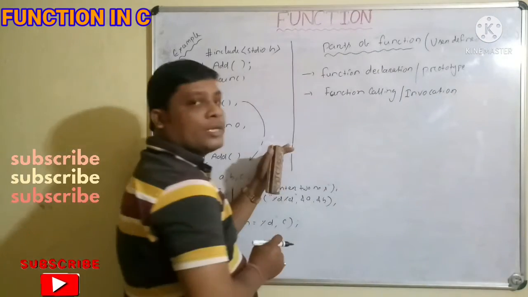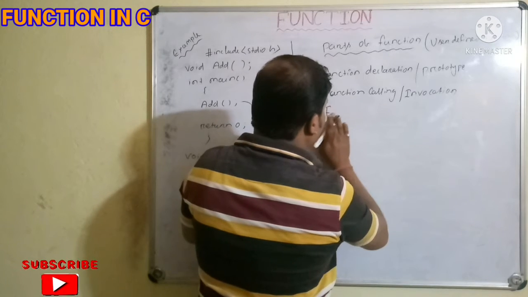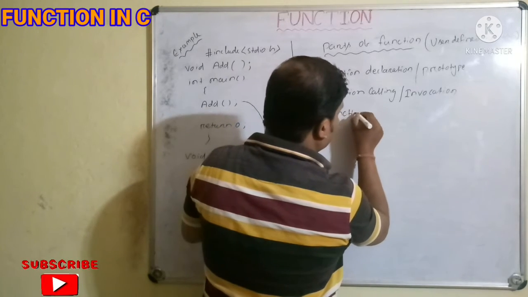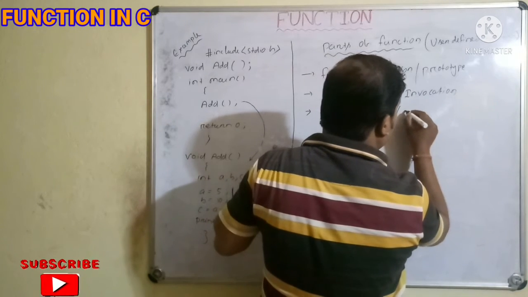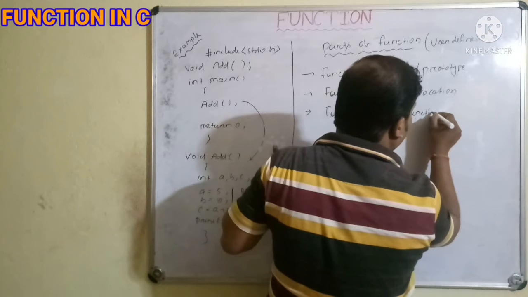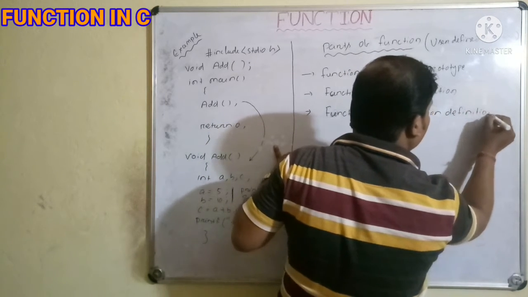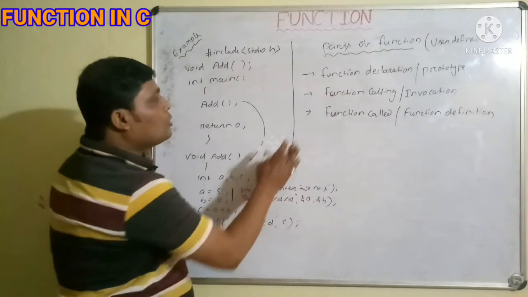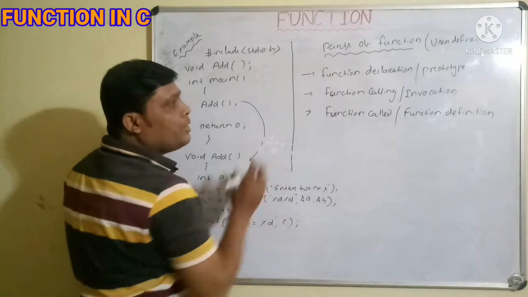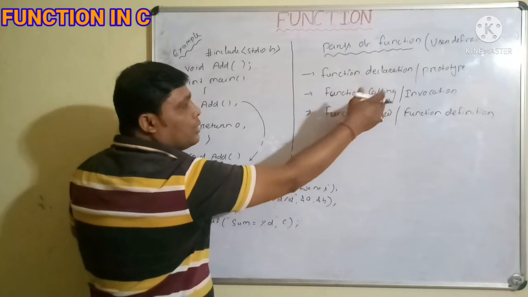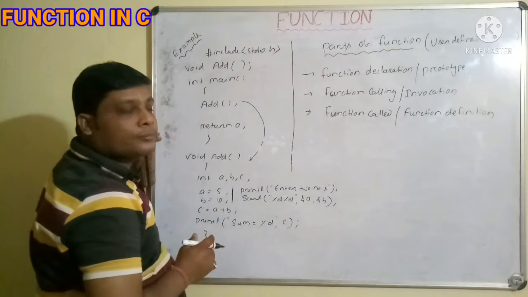Function calling or invocation. Third one is function called or function definition. So in total three parts are there: function declaration or prototype, function calling or invocation, function called part or function definition part.